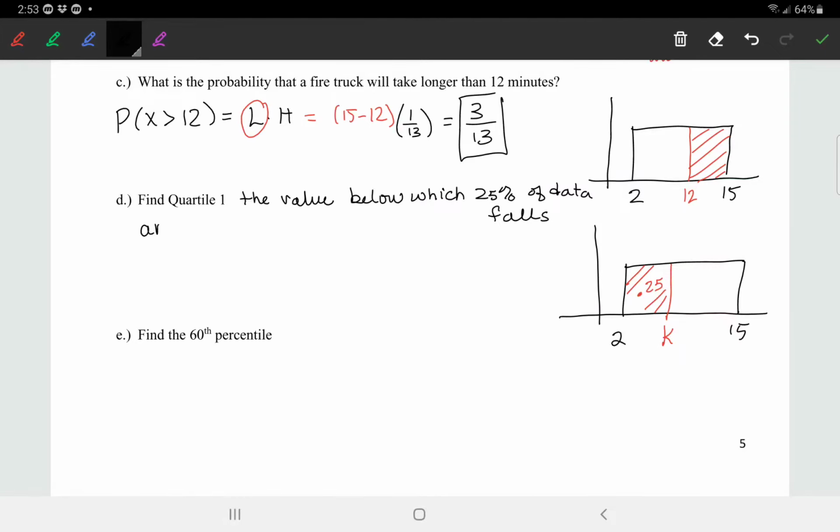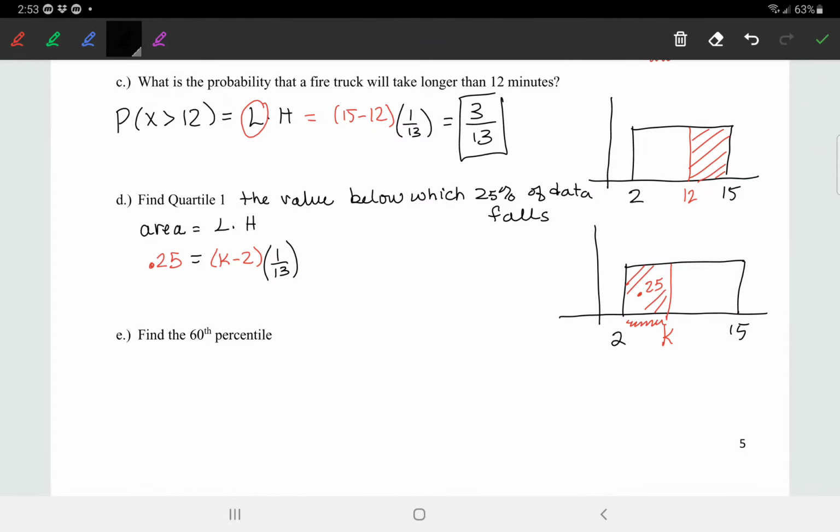And we just use what we know. We know that area, or probability, is equal to length times height. The area that we are looking for is 0.25, right, for 25% of the data. The length of this rectangle now is K minus 2. We multiply that by the height, 1 over 13.